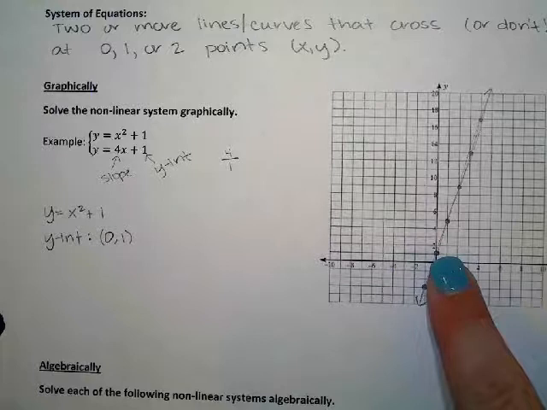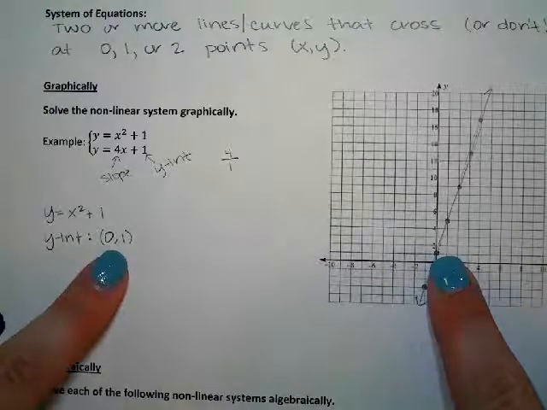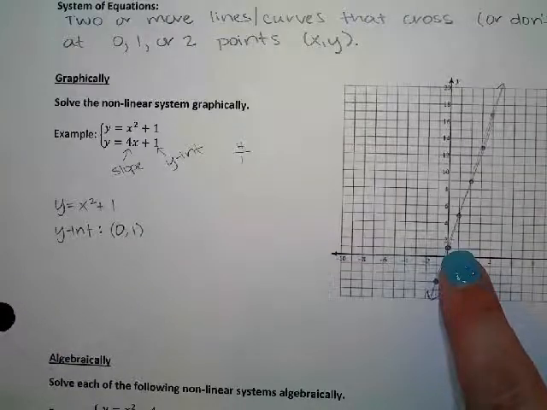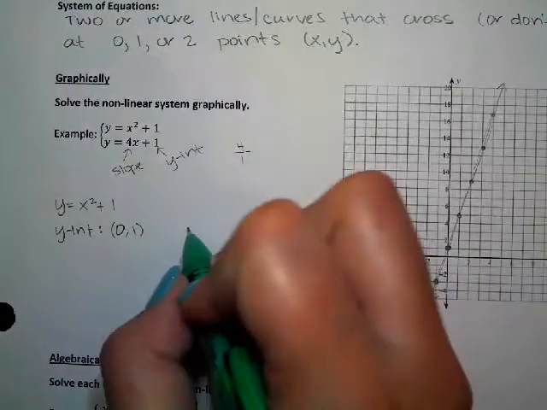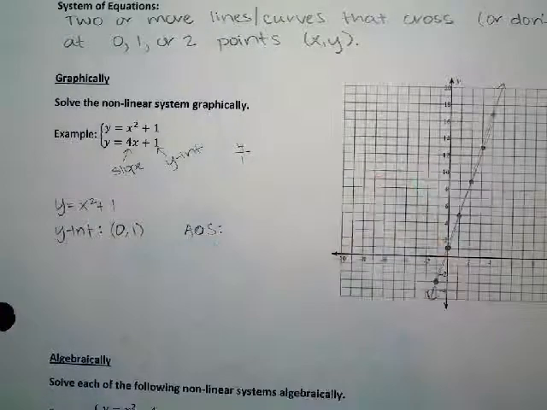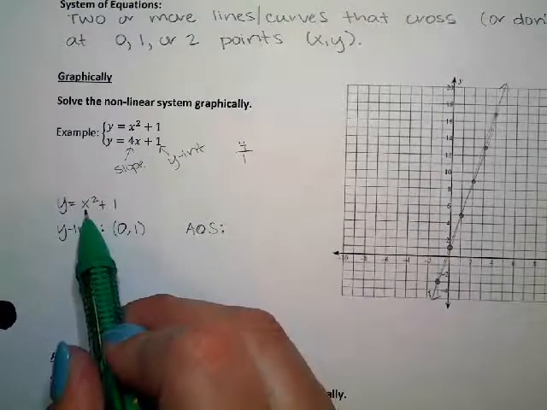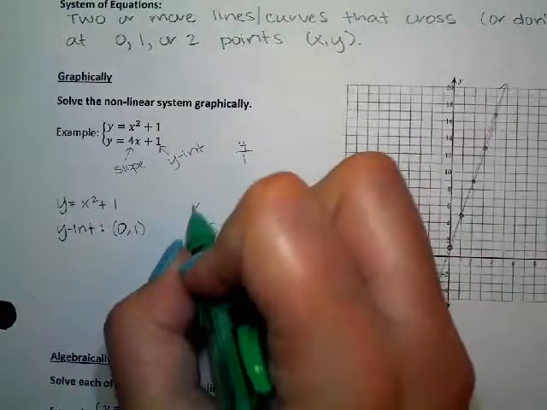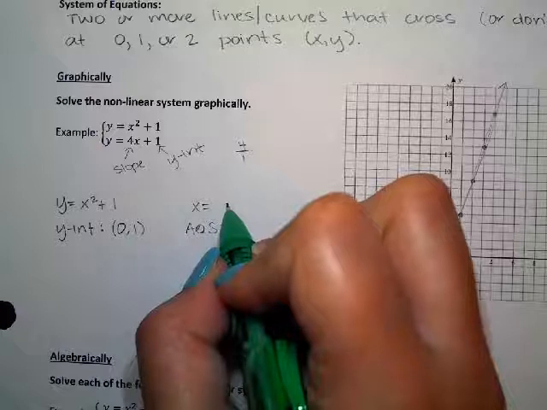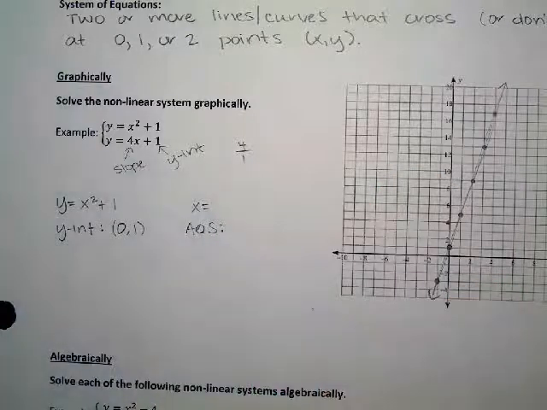Okay. What's some other information I can get from the standard form? I can get the axis of symmetry, AOS. And how do I get the axis of symmetry? x equals negative b over 2a, right?